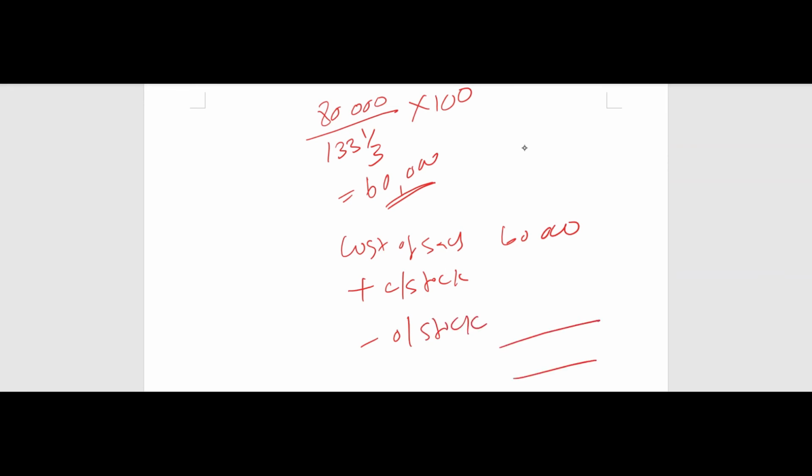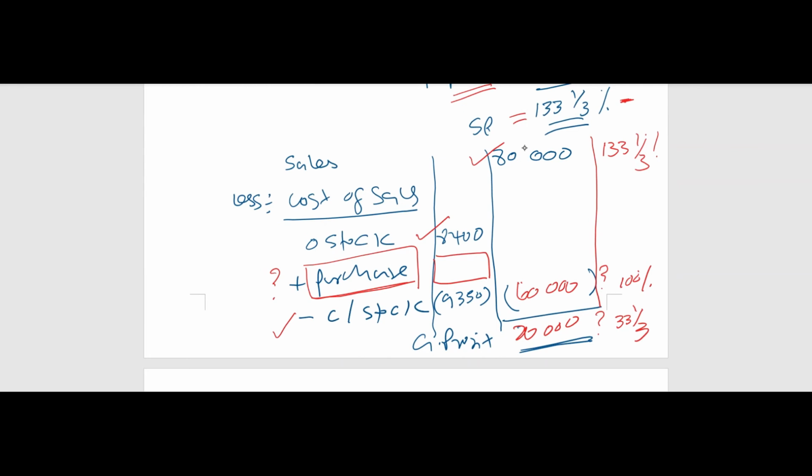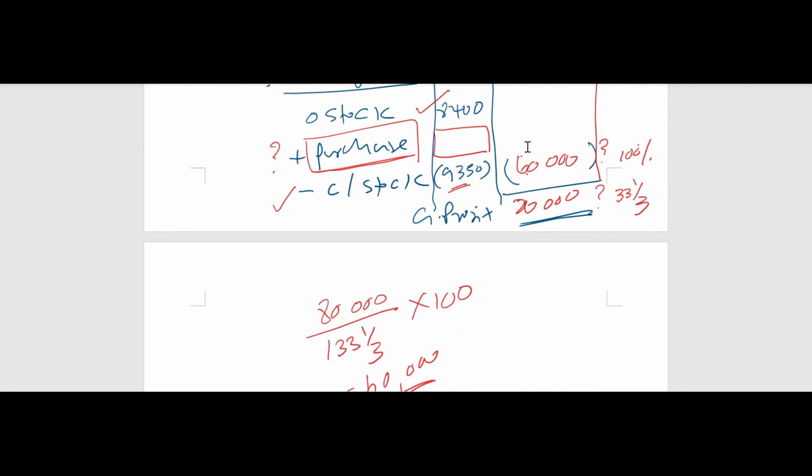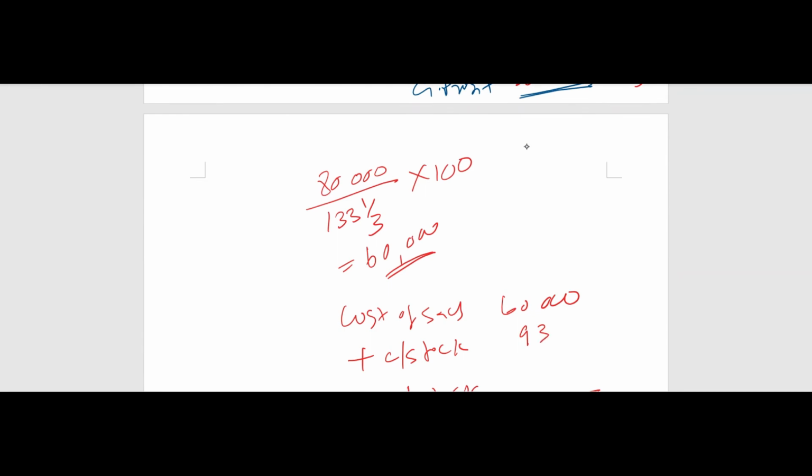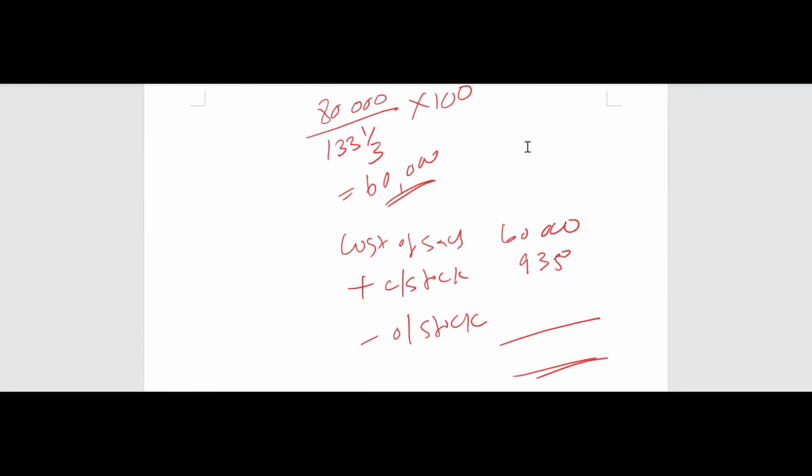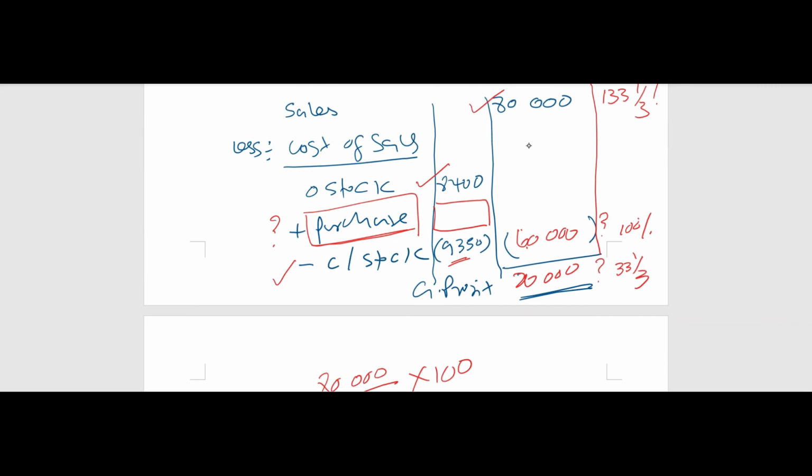This is the other way around: since you deducted the closing stock, you add it back, and you minus the opening stock. So cost of sales plus closing stock 9,350 minus opening stock 8,400 will be 60,950. So 60,950 will be your purchases.